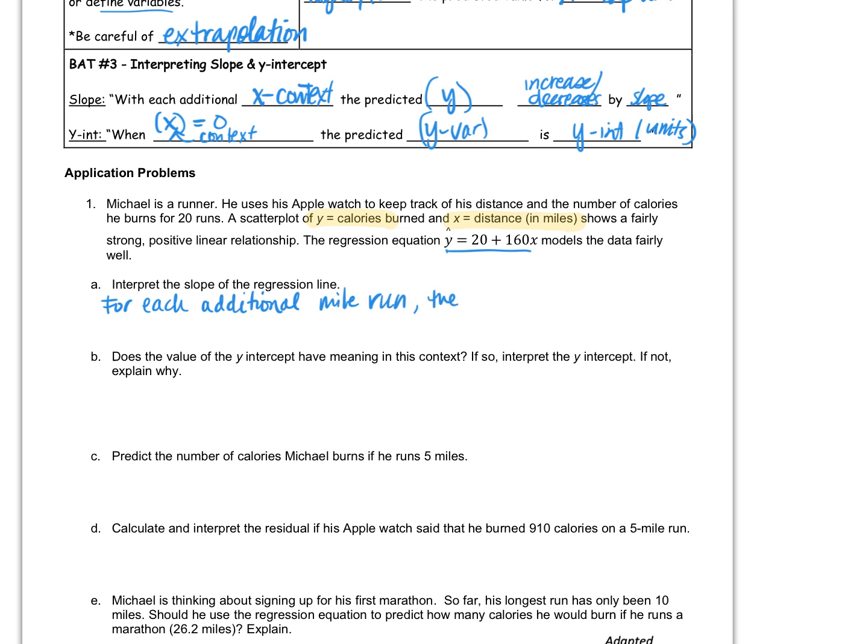The predicted, what's the response variable here? What is the miles predicting here? The calories burned. Calories burned, thank you. Will it increase or decrease?